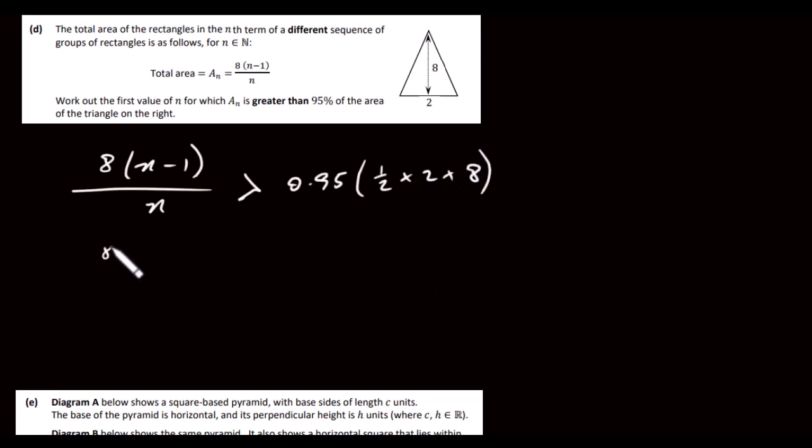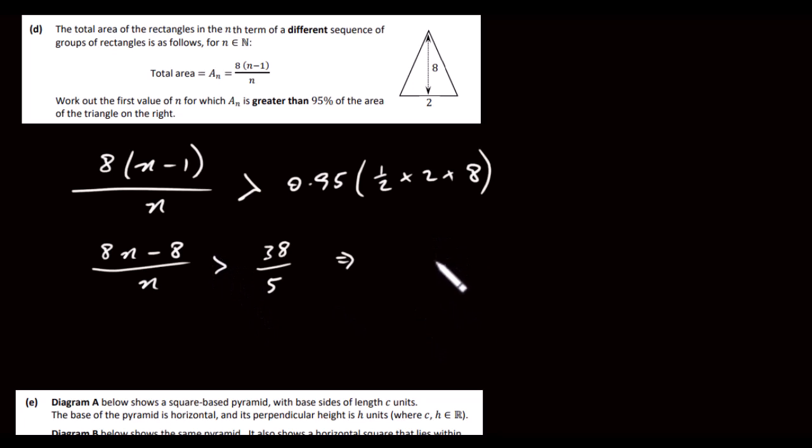So all you've got to do is work this out. So let's see, we've got 8n minus 8 over n bigger than 0.95 multiplied by 8. The half will cancel with the 2, give us 1 if you like. So you've got 38 over 5 on this side. So the n is always going to be positive, and the 5 is obviously positive, so we can multiply across by 5n without changing this sign here.